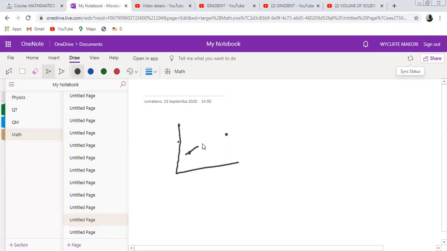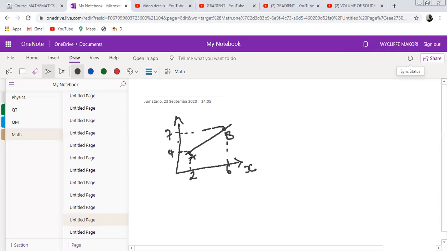We can call them point A and point B. Point A, on the x-axis, is maybe 2, and this one is maybe 6. And then on the y-axis, this point here is maybe 4, and this one is maybe 7.